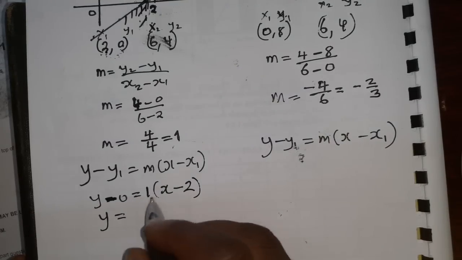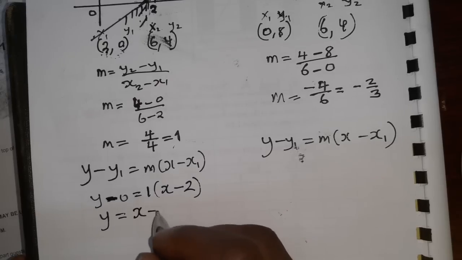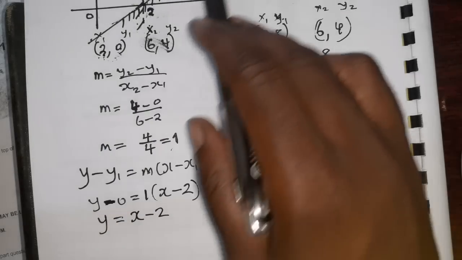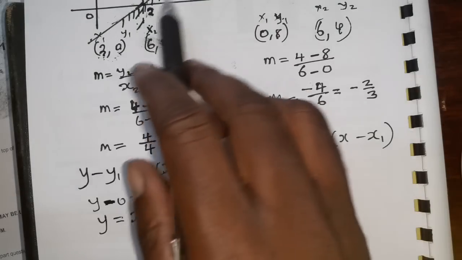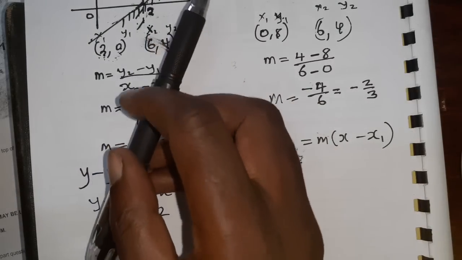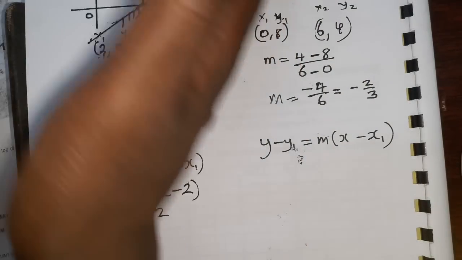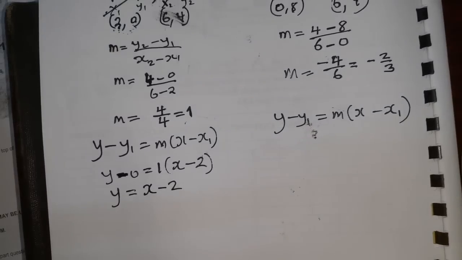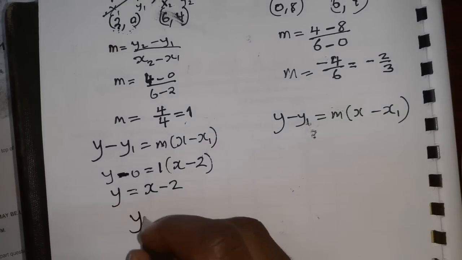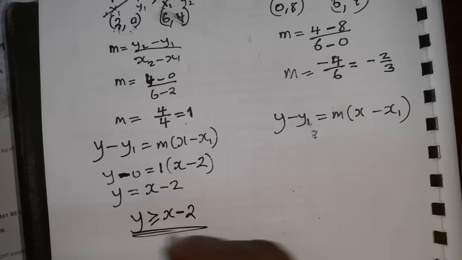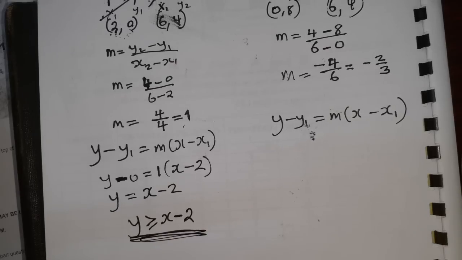When you distribute this, you end up with this. The region that we want is above this line, so it's greater. Because the line is solid, I'll write it like this. This is going to be my other answer.